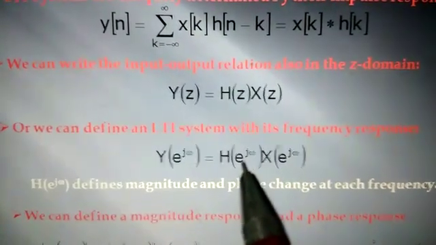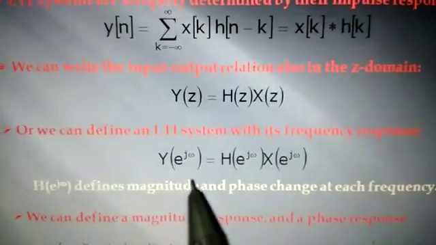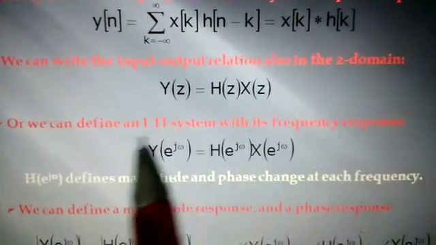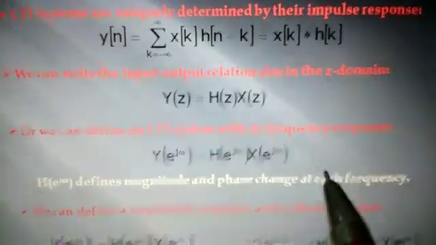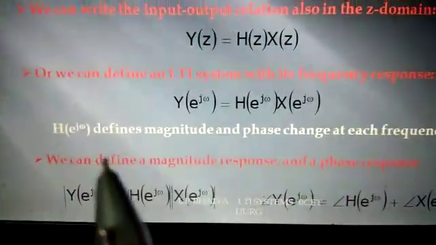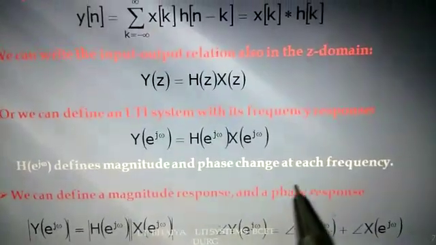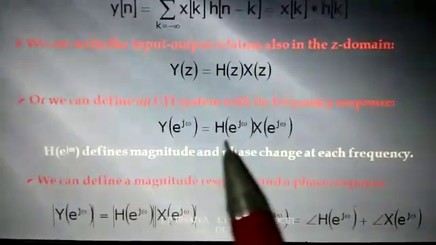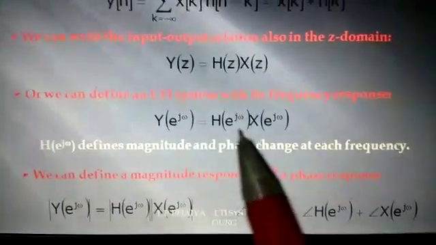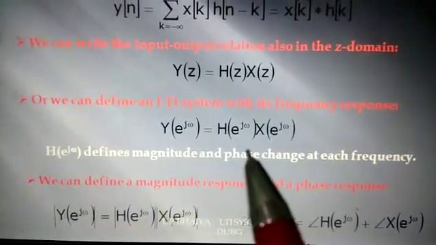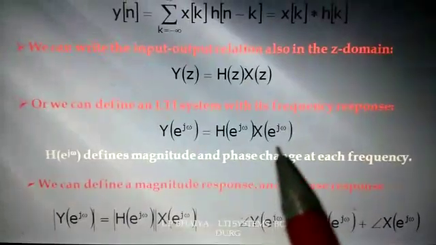Whether the Fourier transform exists or not, we have the Dirichlet condition for checking it. H(e^jω) defines the magnitude and phase change at each frequency. Why do we need this Fourier transform? Because we have to study the phase spectrum as well as the magnitude spectrum, and that's why we need the Fourier transform.